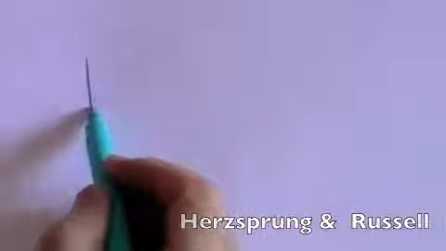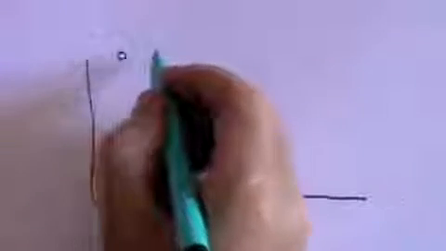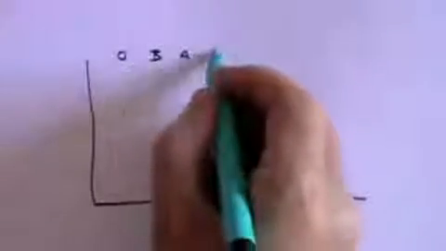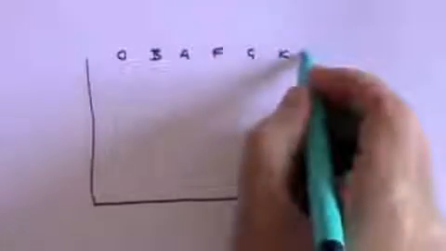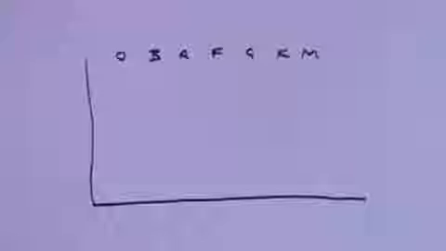Now, two gentlemen by the name of Hertzsprung and Russell are very famous for producing their diagram. It's called the Hertzsprung-Russell diagram, where they look at stars in the sky and plot them. So we take the OBA fine girl kiss me range of temperatures.